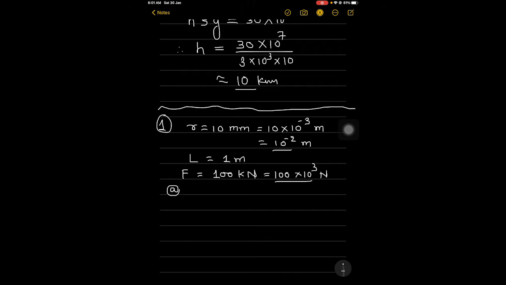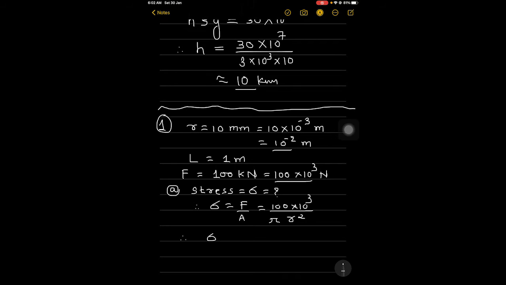So first of all we are asked to find out stress. So stress, that is sigma, is given by force over area. We are given a force that is 100 kilonewton. So 100 into 10 raised to 3 over area, that is pi r square. Obviously pi is 3.14 and r is 10 raised to minus 2 meter.